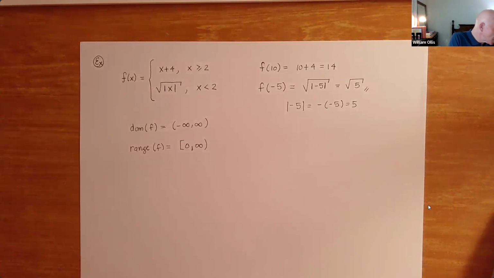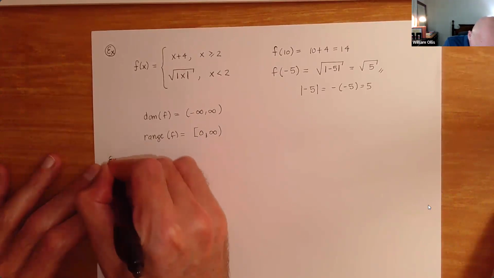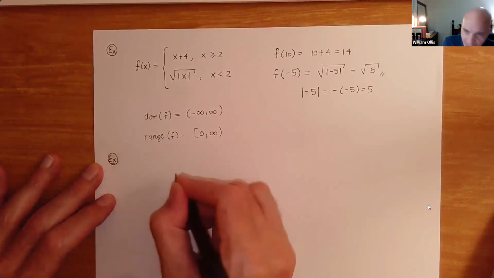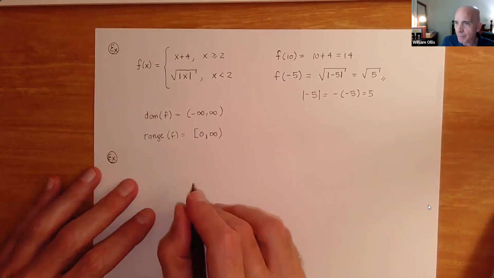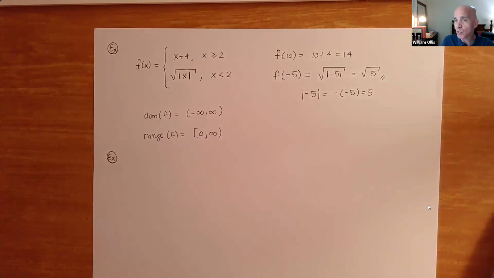What I want to do is check out some of the transformations. So first, let's look at one of our parent functions. I like to start out with maybe a quadratic function and then apply some of the transformations, and then maybe start out with a function equation and unravel it and figure out what the graph is.